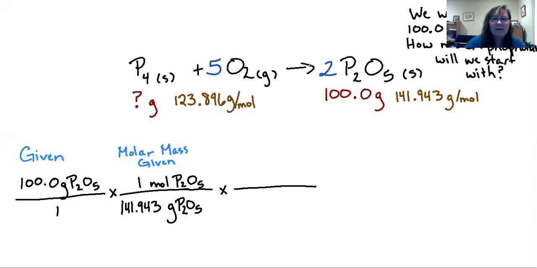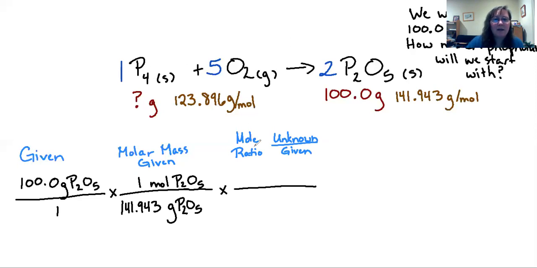Now the next piece in here is my mole ratio, and it's always unknown over known, or unknown over given. What that means is that since I'm trying to find my P4, oh, you know what? I'm going to put a 1 right here so that I can finish it.